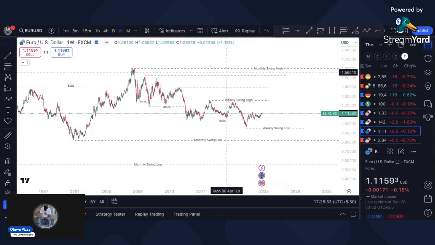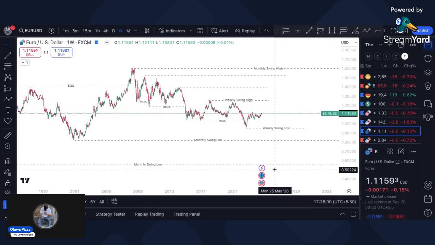They will start getting broken when the 15 minutes, the 1 hour, the daily and the weekly have aligned with the monthly time frame. Then you start seeing the previous highs getting broken. Why? Because the monthly is our higher time frame, and it's in an uptrend, while right now on the weekly time frame we are in a downtrend.